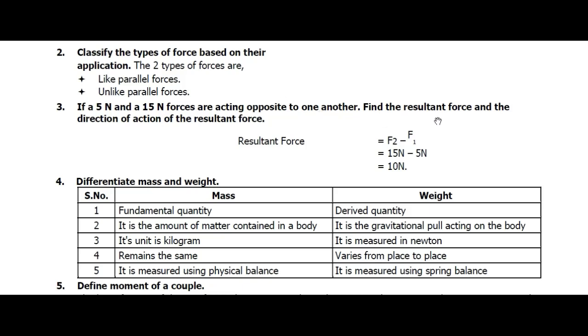Find the resultant force and the direction of action of the resultant force. To find the resultant force, the formula is F2 minus F1. For the second force value F2, 15 Newton, minus the first force value, 5 Newton.